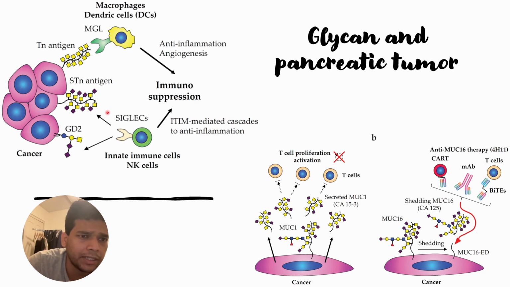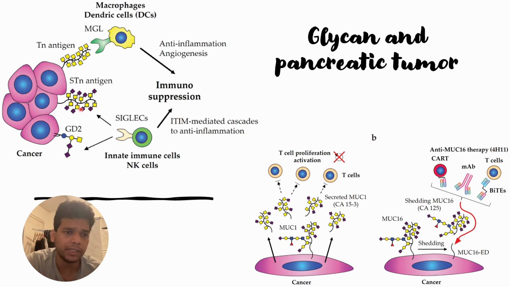Simultaneously, the STN antigen and GD2 interact with the Siglec that is present on innate immune cells such as natural killer cells or NK cells, and thereby promote immune suppression.